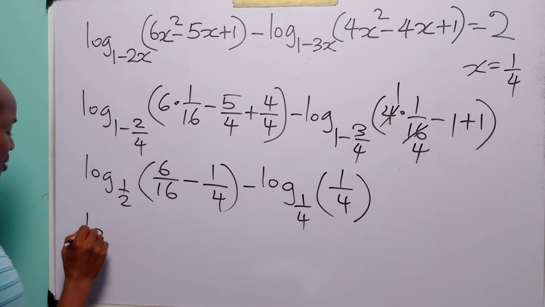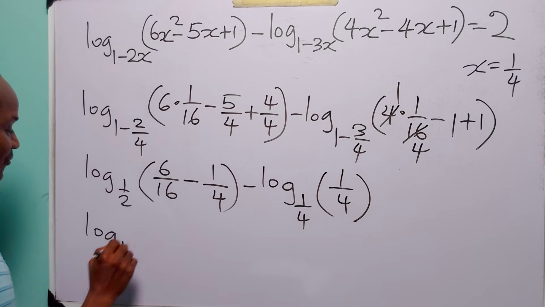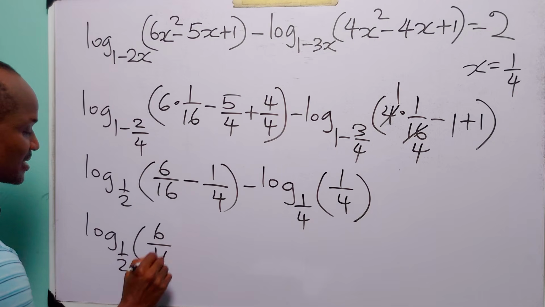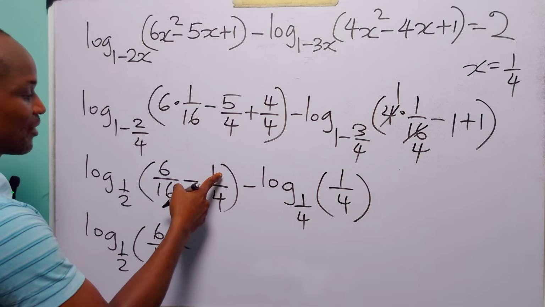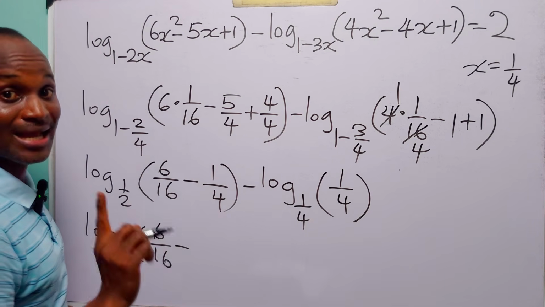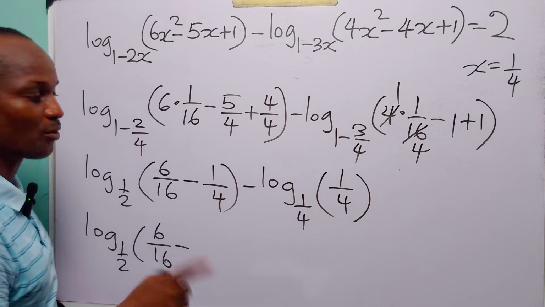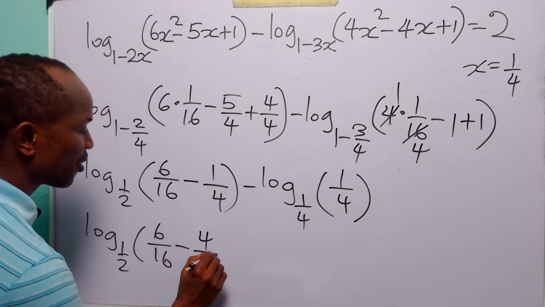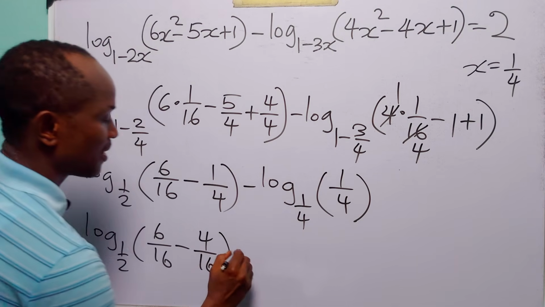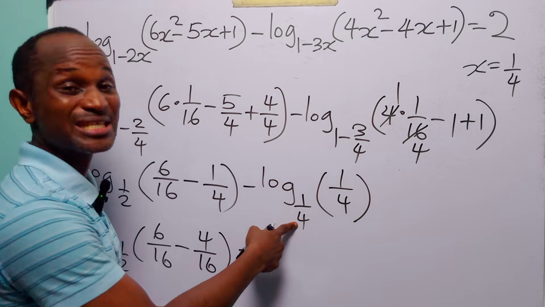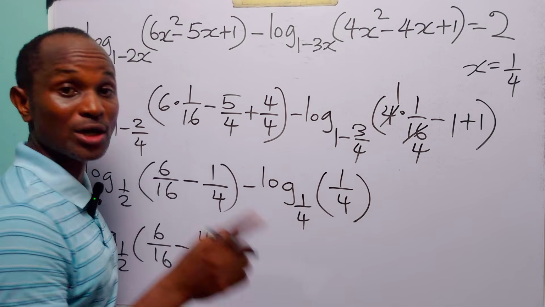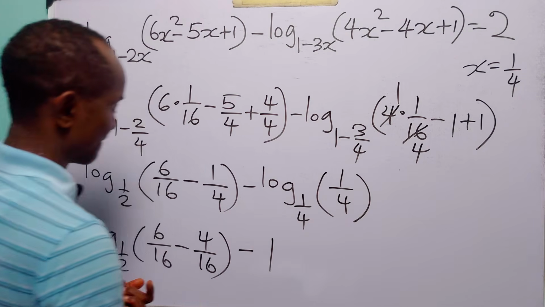Now, here we have log to base half of 6 over 16 minus 1 over 4. Now, instead of 1 over 4, let us multiply both the numerator and the denominator by 4. When we do that, we have 4 over 16 minus, of course, you know that log to base 1 over 4 of 1 over 4 is equal to 1.